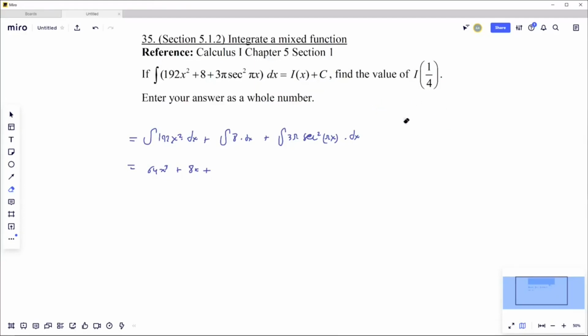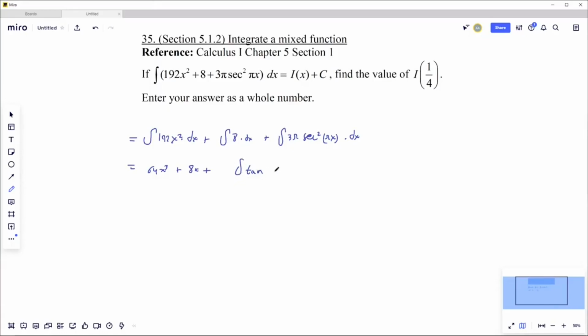So with that, is secant squared pi x a derivative, or even the entire expression, doesn't have to be only this, of a function that we already know? Yes, it's tan. So in this case you'll get tan. Don't put the integral sign, because if you do, then you're saying integral of tan.